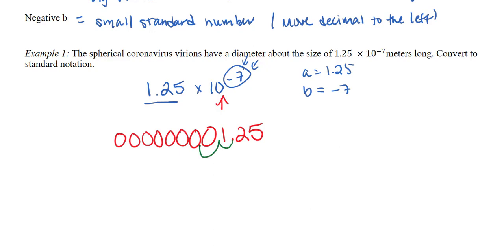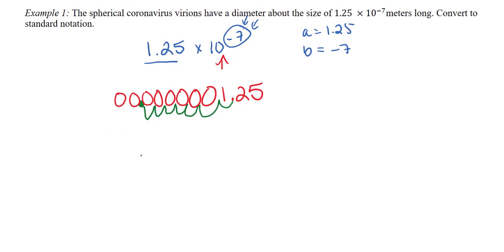So 1, 2, 3, 4, 5, 6, 7. So we put that decimal right there. So what does that look like really? 0.00000001, 2, 5. And this would be in meters.